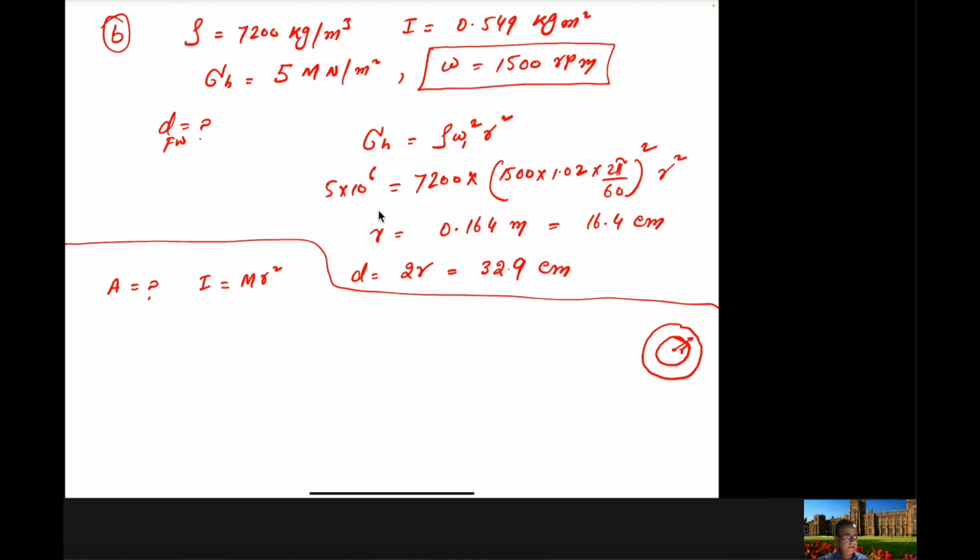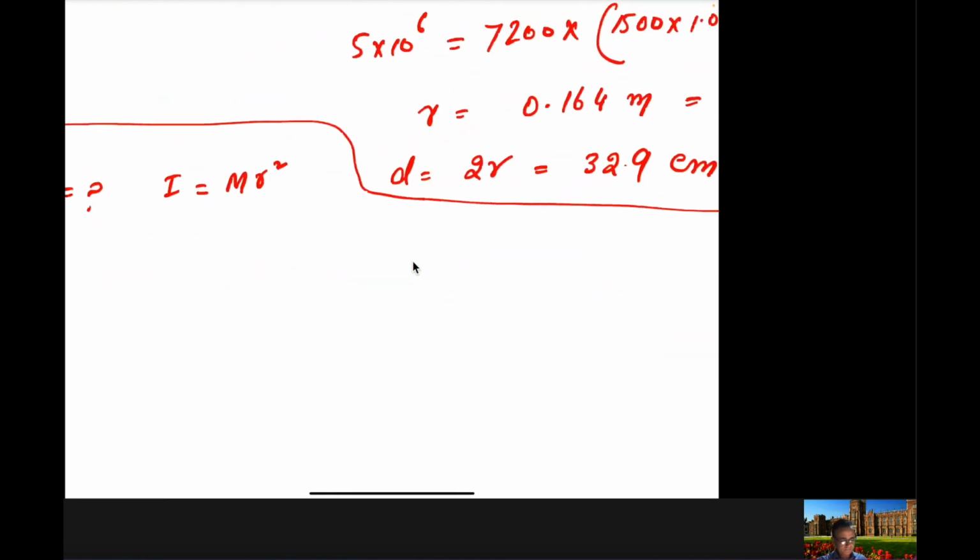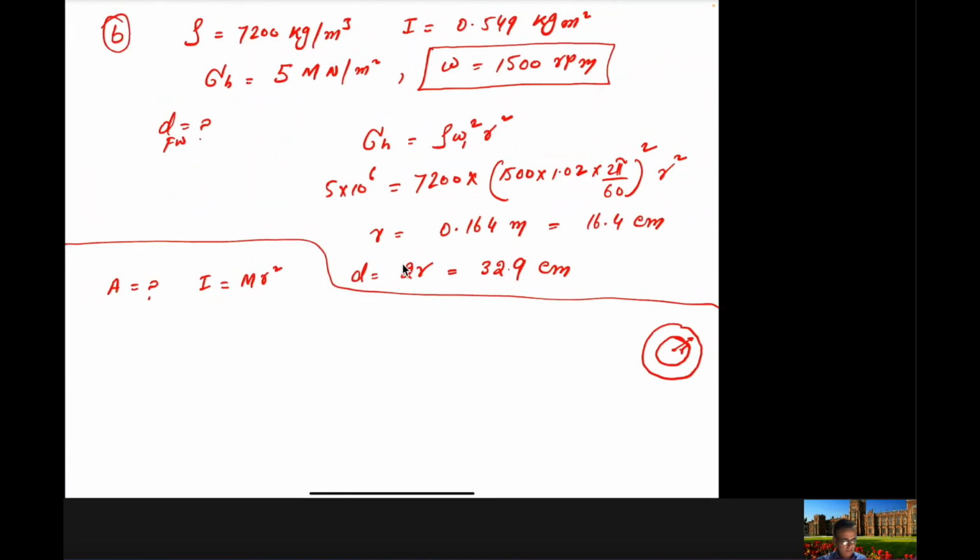And m is again the mass, and r is the radius here. So in this case, because we are given I, we already know I here, and we know r, so we can calculate m here.